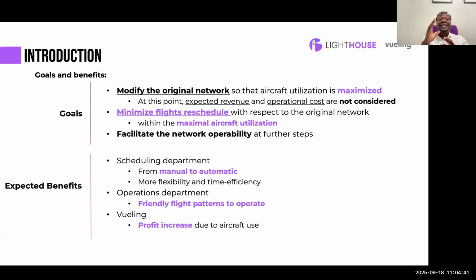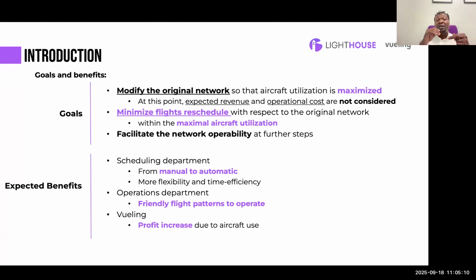So, seeing this, we can see that our goal and benefits are very clear. As a goal, given the original network, we want to find a way to modify it to maximize aircraft utilization, because we are talking about low cost, so maximizing aircraft utilization is very important.